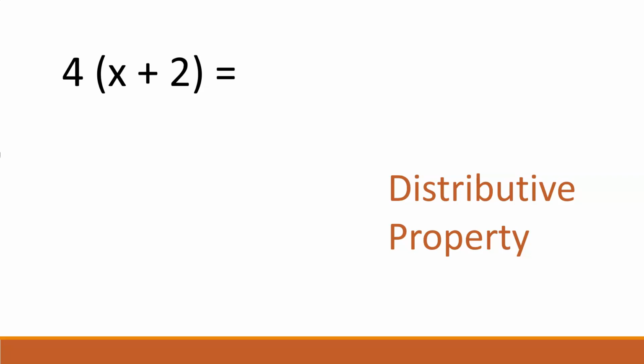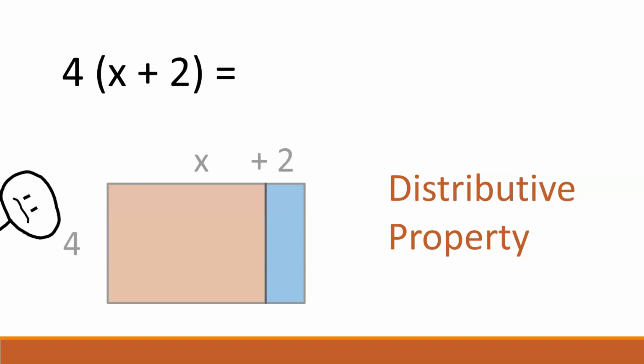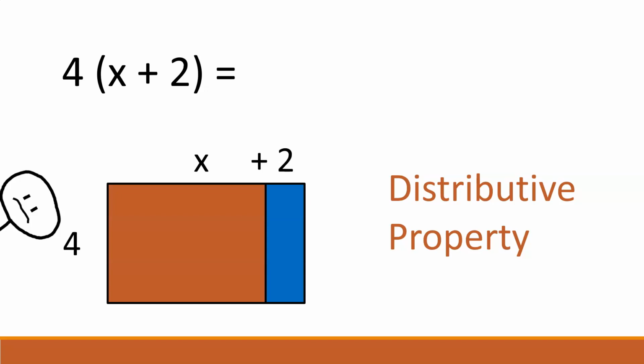Since algebra uses letters to represent unknown quantities, let's see how we use the distributive property to do this multiplication. No, it's not going to be any more difficult. Just watch. Here's what the model would look like. It's 4 units on one side and x plus 2 units on the other side.